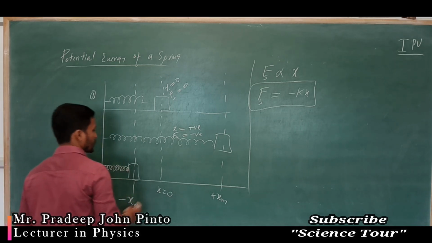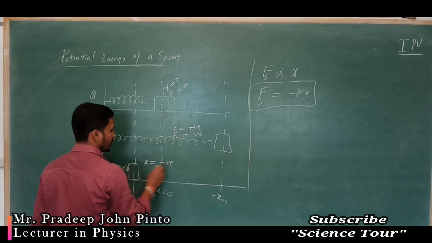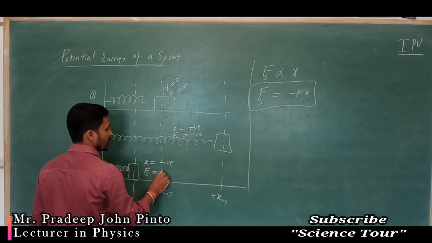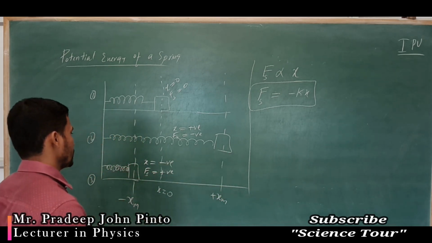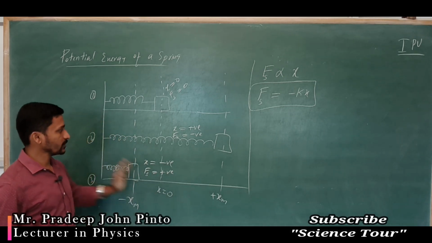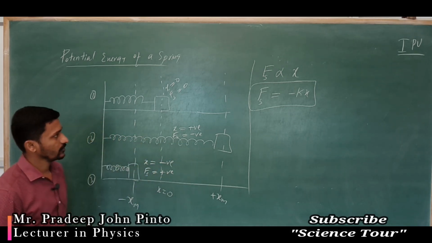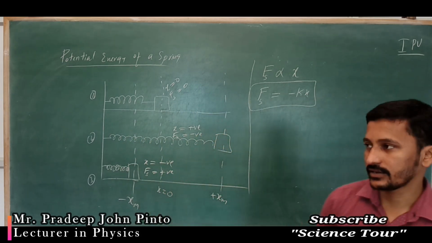Here the displacement is in the opposite direction, x is negative, but the spring force is positive. The force will be in the positive direction, it pulls or pushes you, like that you can write down. So now what is the work done?